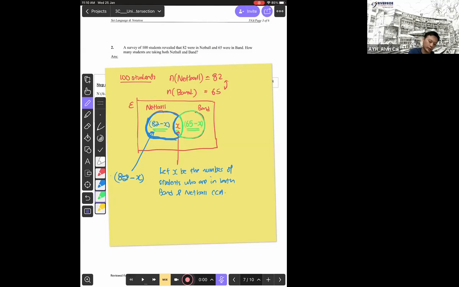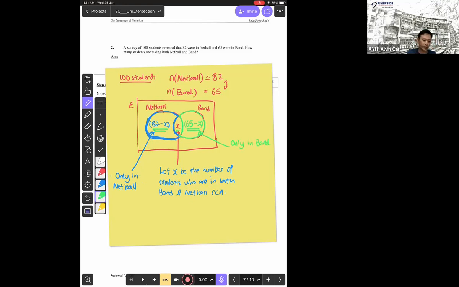And this is green. Sorry, let me just highlight this. This over here is only in netball. So it's clearer over here. So over here, the one in green is only in band.